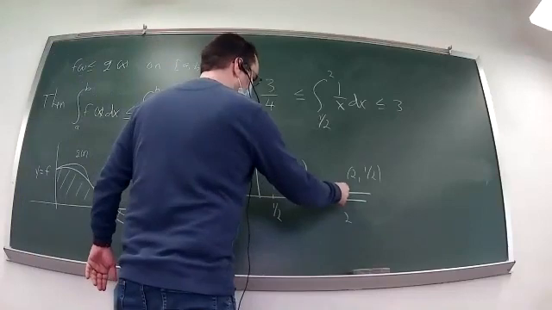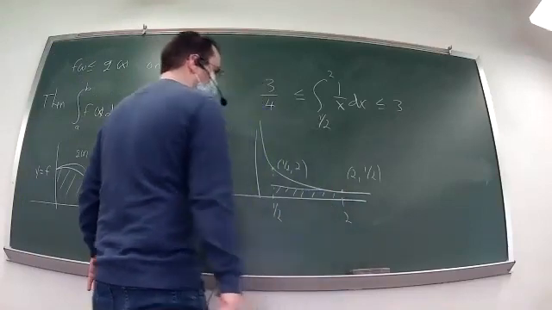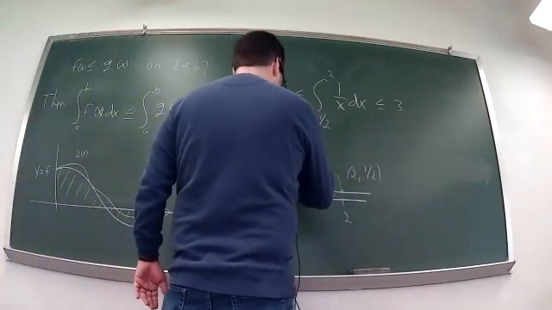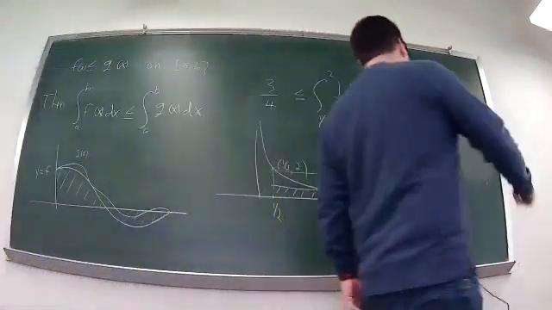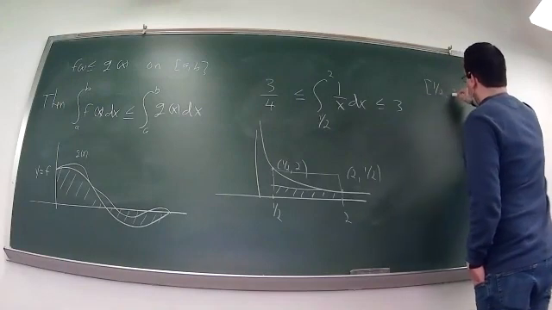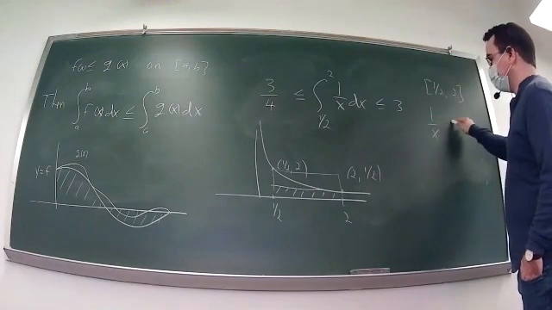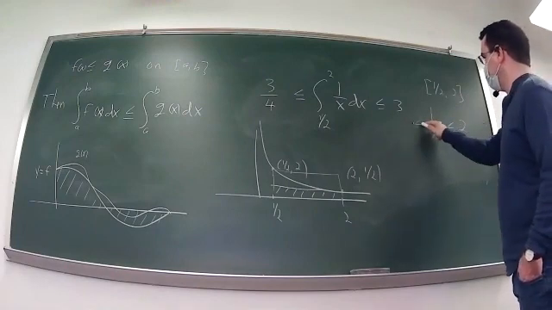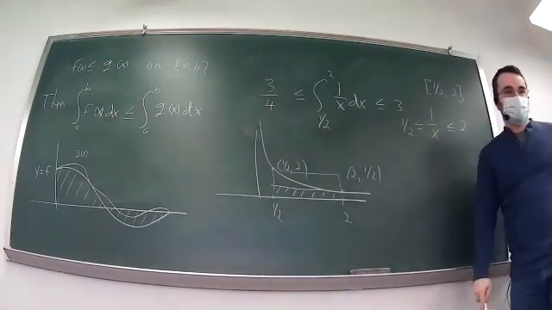You've got a lower bound given by 1/2, and you've got an upper bound given by 2. So you know that on this interval from 1/2 to 2, 1 over x is definitely less than or equal to 2, and definitely bigger than or equal to 1/2.